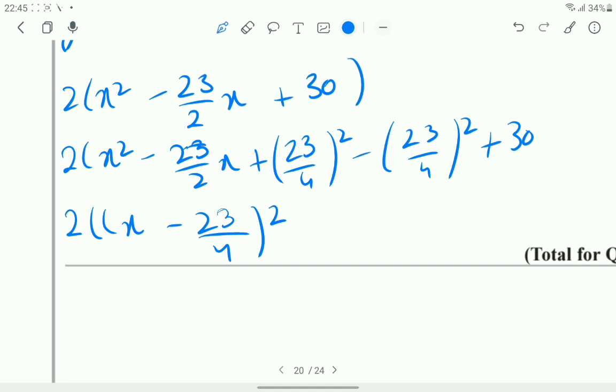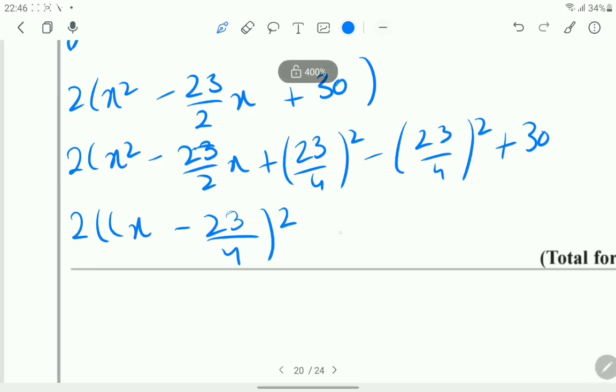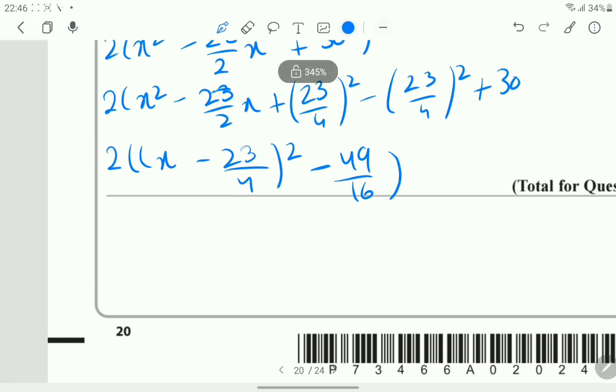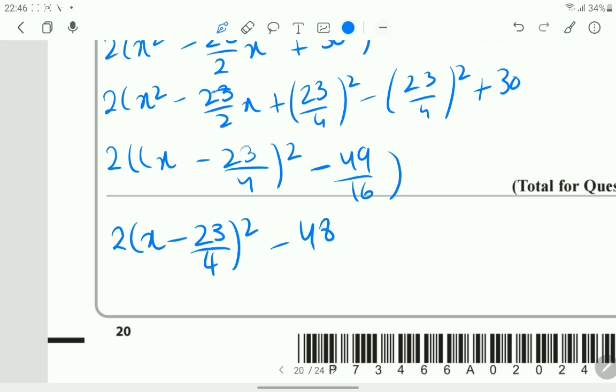So minus 49 by 16, and 2(x minus 23 by 4) squared minus, no, my mistake, 49 by 8.